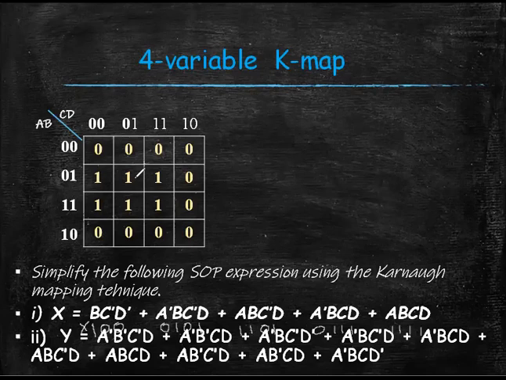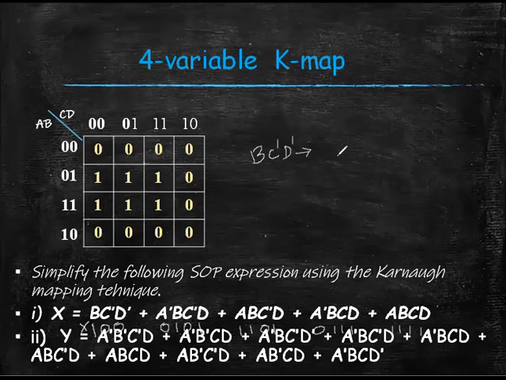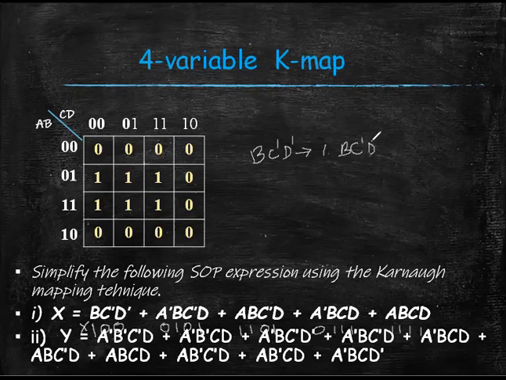Okay, actual process is we have to consider this quantity, that is B C bar D bar, must be converted into, we can say that it is equal to 1 into B C bar D bar, or we can insert A or A bar.